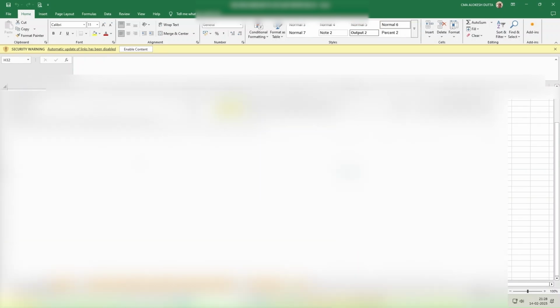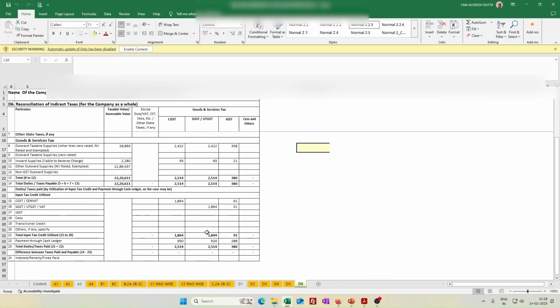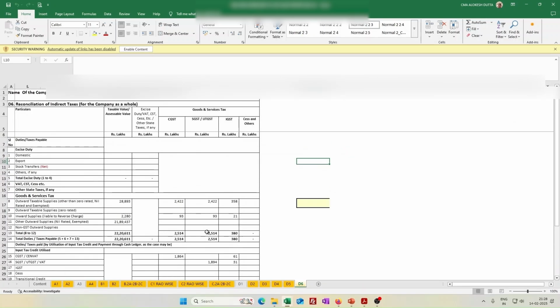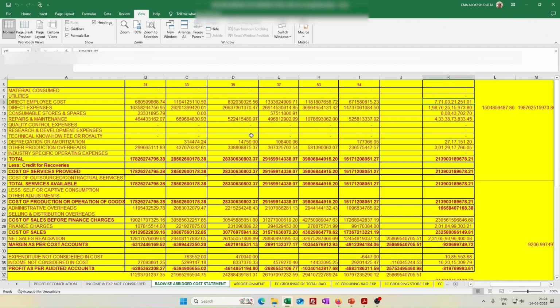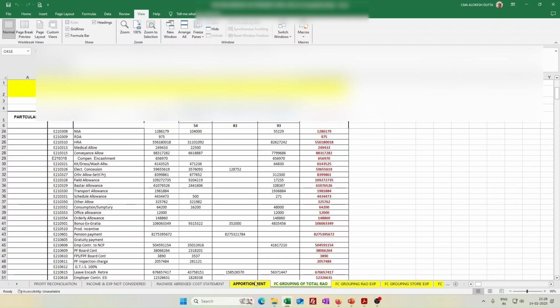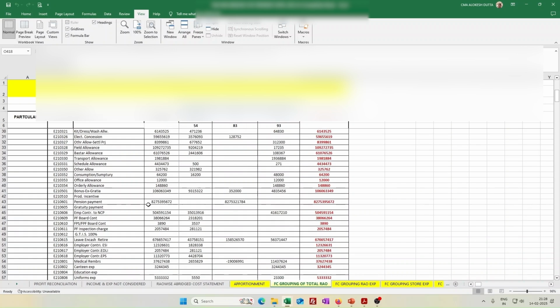D5 is created from your financial accounts, D6 from R1 and R2. This is the annexure for the company as a whole. Now, the main tough thing is this one. You have to prepare this one only after mapping this financial grouping.